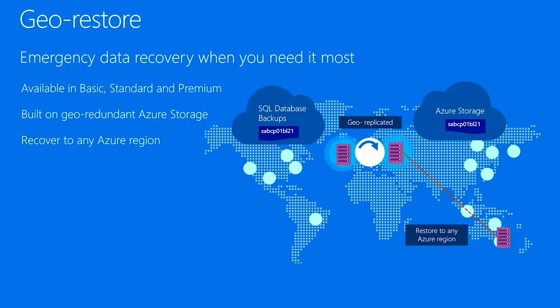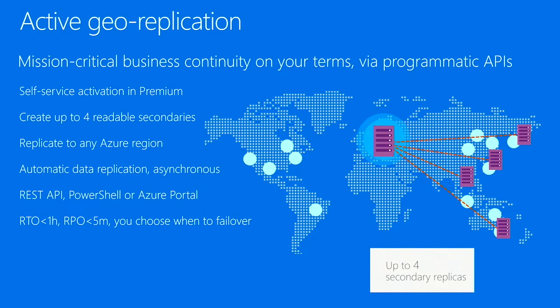The backup of all our databases is copied to a remote paired data center, which protects against complete disaster. And if you have a mission-critical business and need higher availability, you can create active geo-replicas, up to 4 of them, in different regions of the world. You can use these replicas to distribute your read workload for better performance.